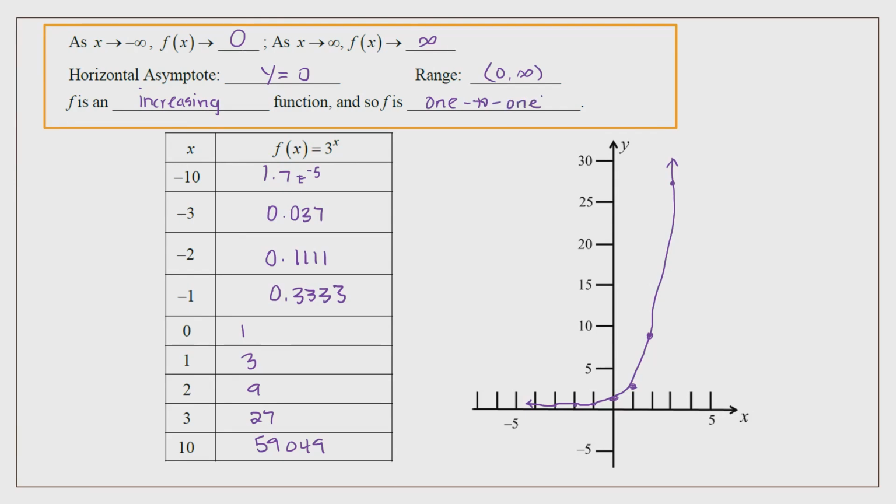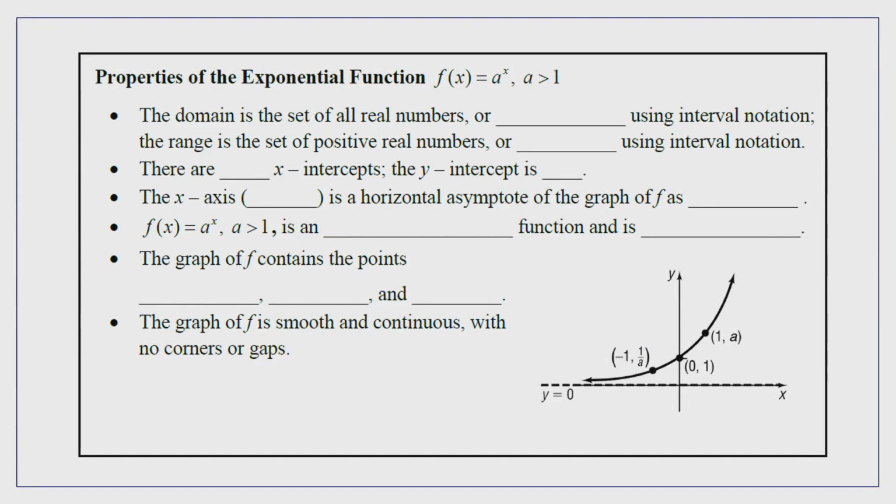So, the properties of the exponential function when a is greater than 1: your domain is going to be the set of all real numbers, or from negative infinity to infinity using interval notation. The range is also the set of real numbers, but just the positive values, or from 0 to infinity using interval notation. There are no x-intercepts because it does not cross the x-axis, and the y-intercept is 1.